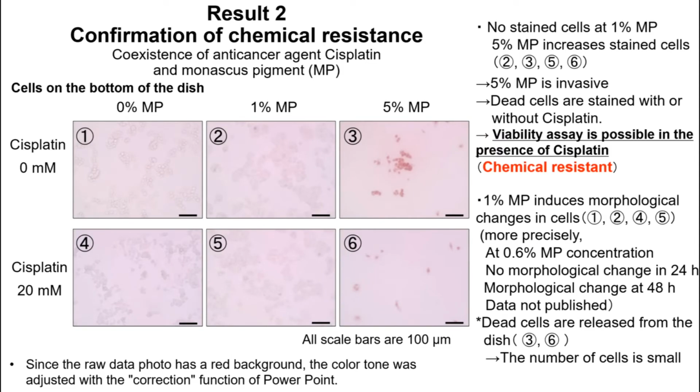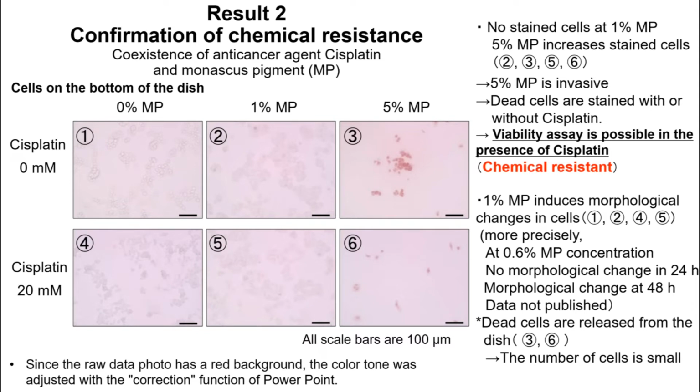Here is the result. These are pictures of cells on the bottom of dishes. Although not shown here, floating dead cells were stained at both 1% and 5% monascus pigment concentrations, with or without cisplatin, leaving MCF-7 attached to the bottom of the dish, whereas dead cells tended to float away from it, regardless of the presence or absence of cisplatin.